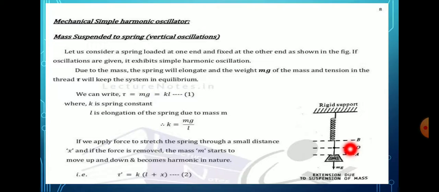Suppose that the mass m is pulled downwards, within the elastic limits, by the distance minus x.